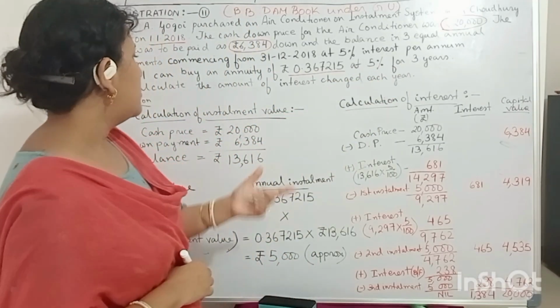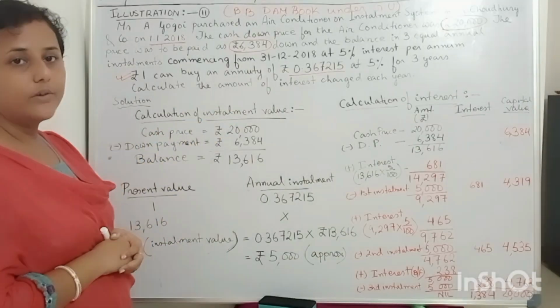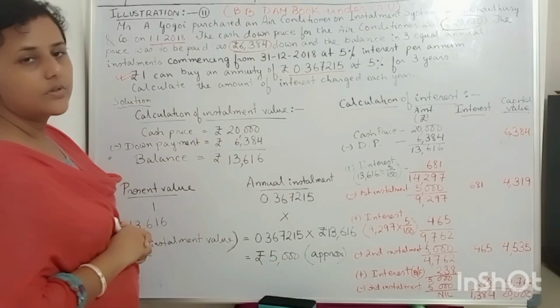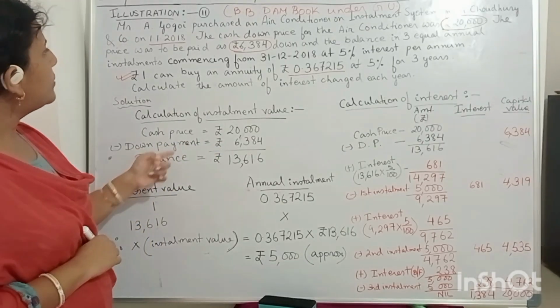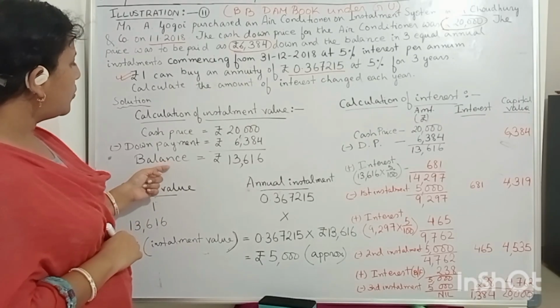So just you see the calculation of installment value. So cash price is how much? 20,000. Less down payment, it is 6,384. So what is the balance?